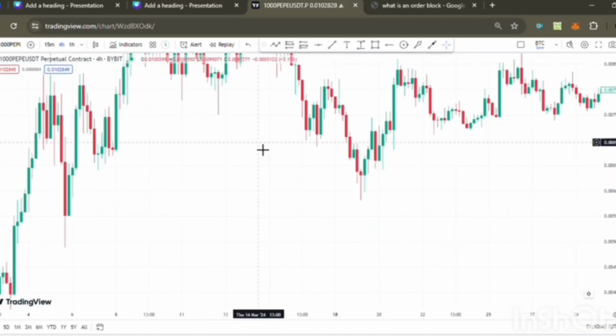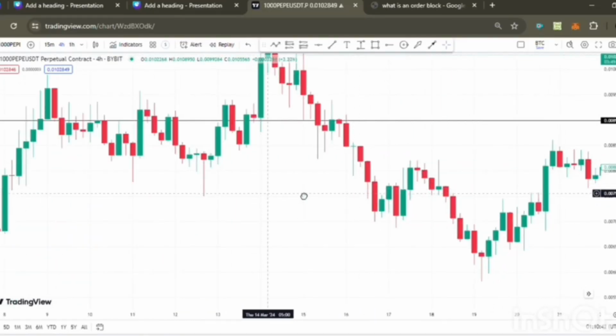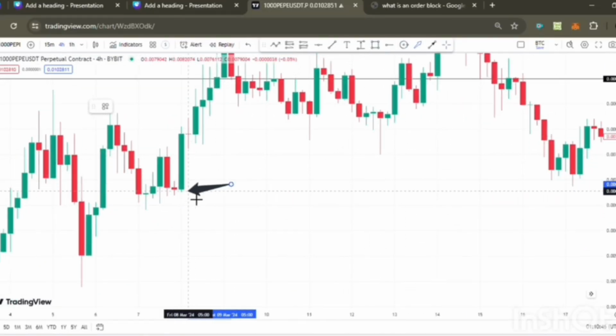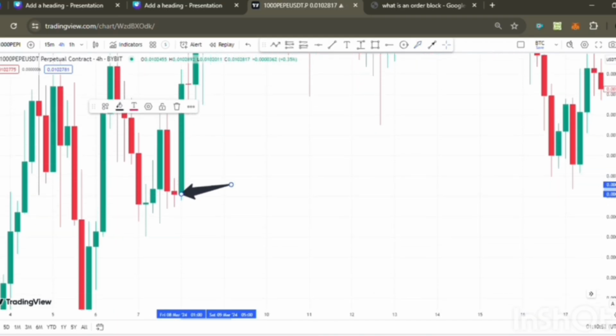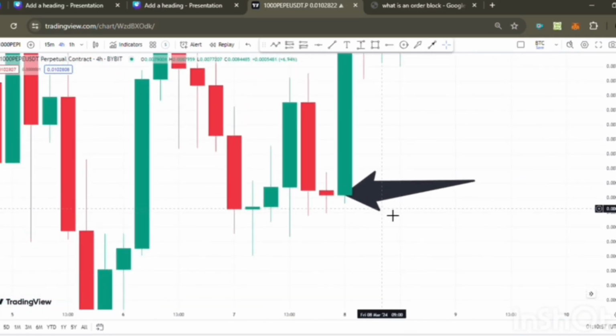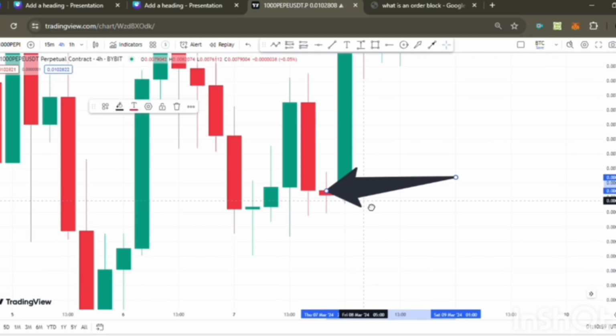I want to show you something. Okay, so this is the body of the candle. Remember, this is the body of the candle. This red candle right here is the body of the candle. This small red candle is the body of the candle, right?